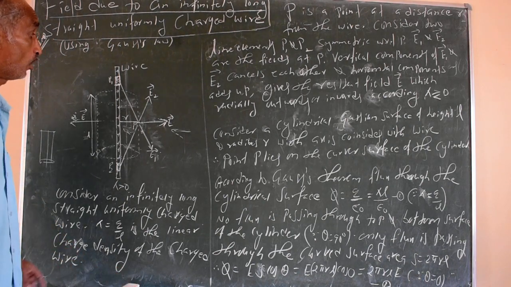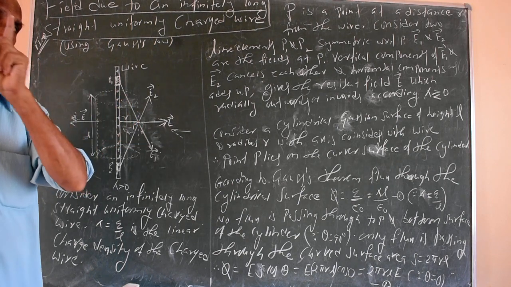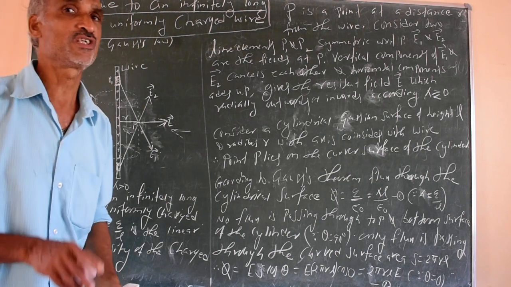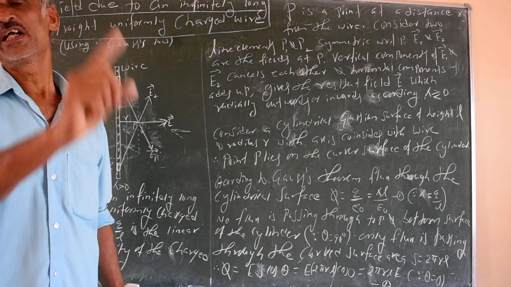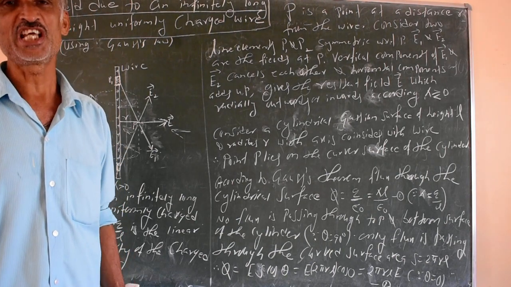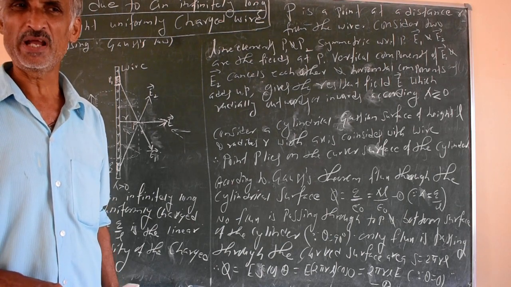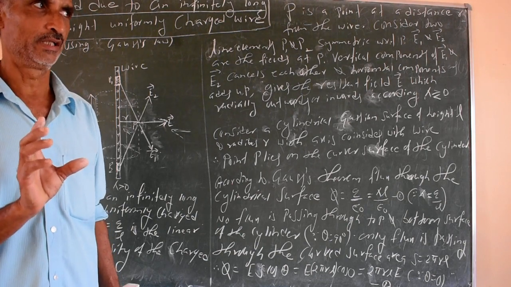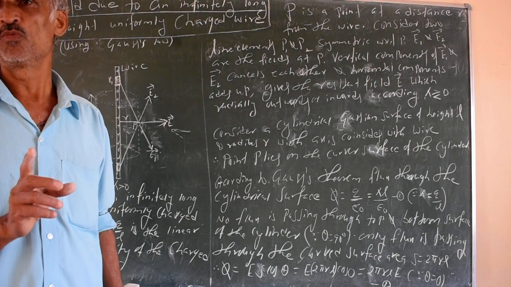Now let us work out the flux through this cylindrical surface by two techniques. One is by the definition of flux. What is the definition of flux? It says that phi is equal to E bar dot delta S bar. For a uniformly charged body, there is no question of considering delta S. That day when I explained, if a uniformly charged body is there, then the field at the points will be uniform.